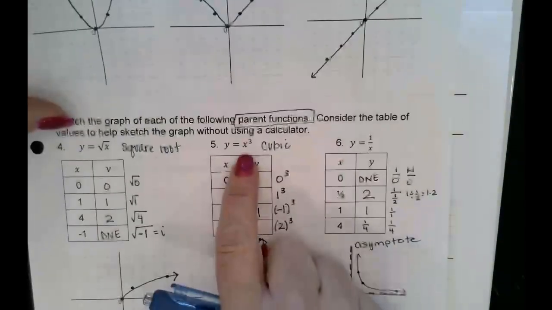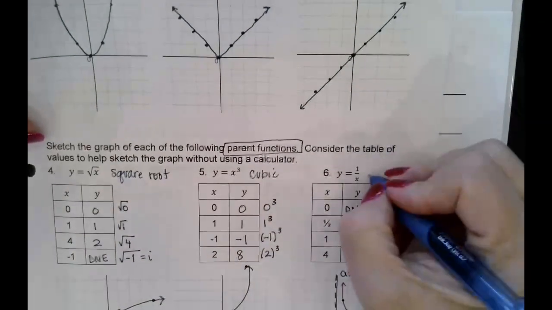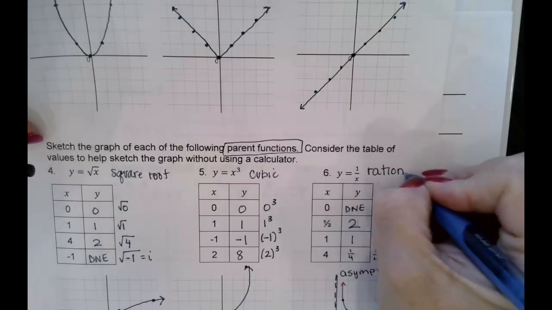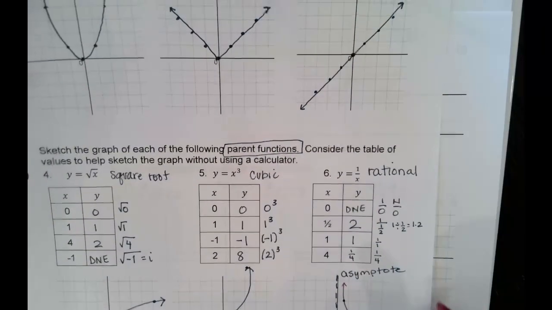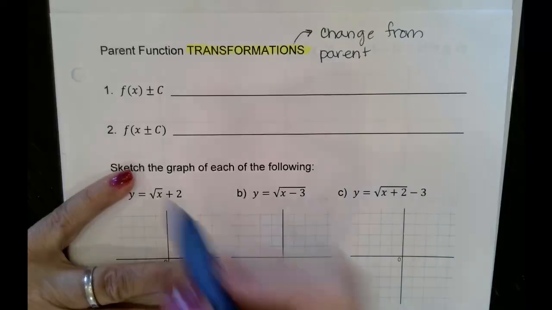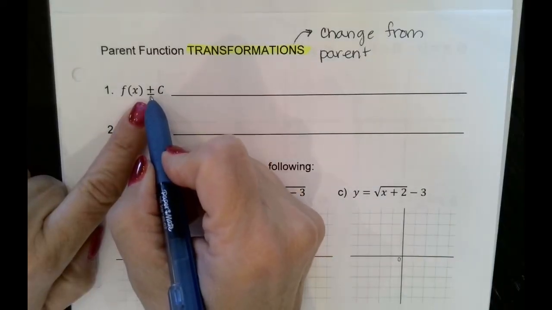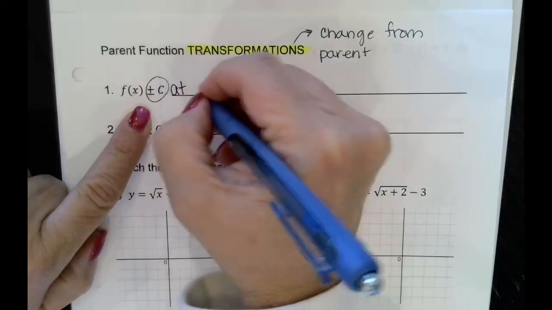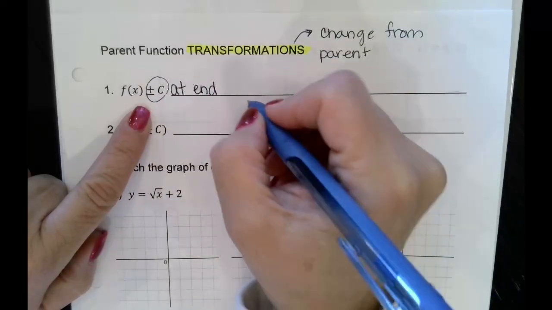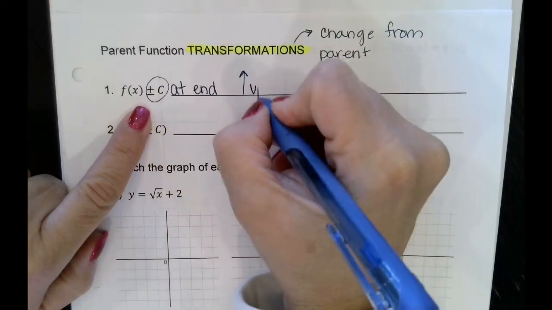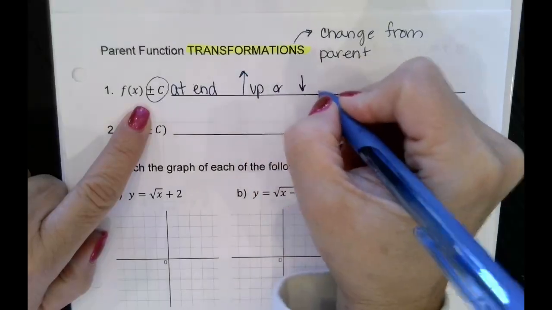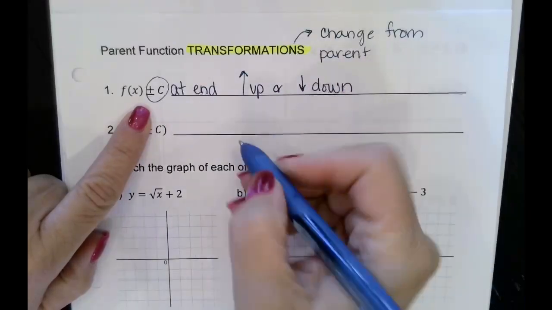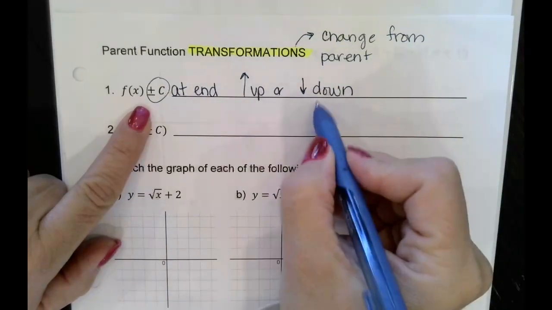It might be a cubic function. It might be, I didn't write this down, but this is a rational function. It might be any of those. And that says whatever we have added or subtracted at the end, then this is going to be up or down. If it's positive, we're going up. If it's negative, we're going down.